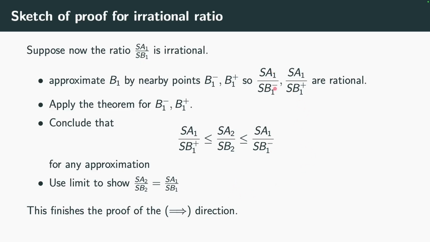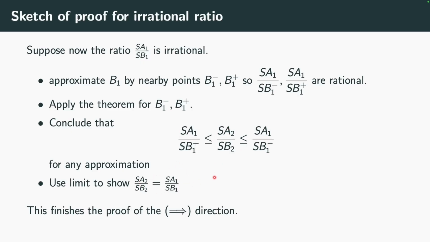Because SA1 over SB1 minus and SA1 over SB1 plus both converge to the ratio SA1 over SB1 as I take my points B1 minus and B1 plus closer and closer to B1. So here we do a limiting argument to show the result in that case.